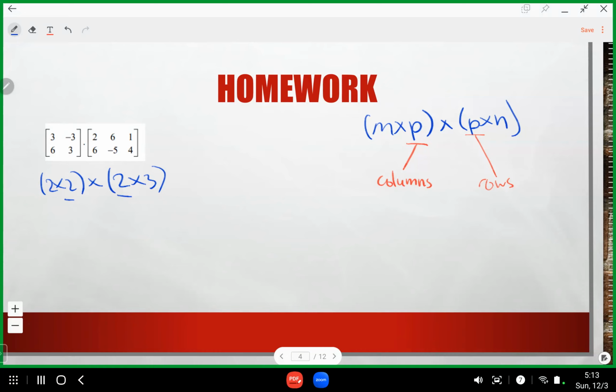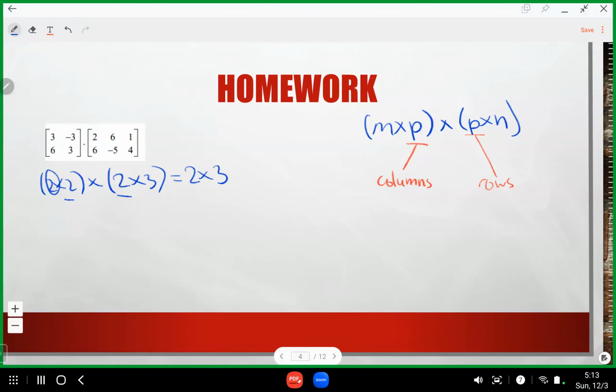Well, when we multiply them, we have to have each row of the first matrix correspond with each column of the second matrix. So the resulting matrix here would be 2 by 3.